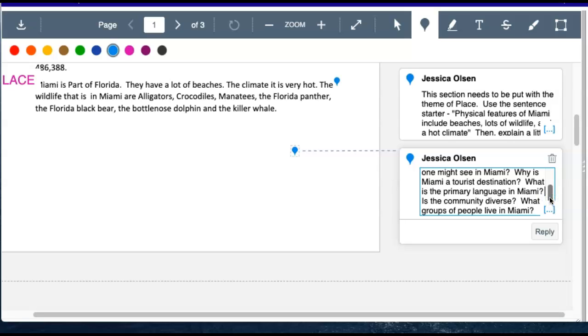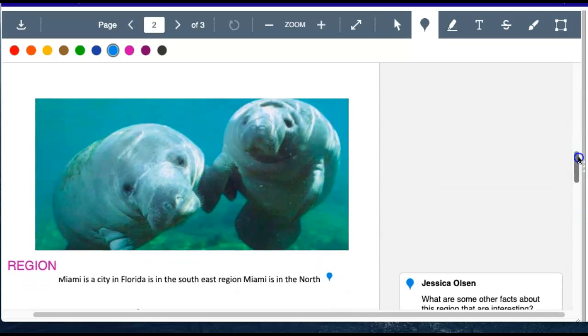Even though there is no official language in the United States, I think you will find that the primary language may not be English. Is the community diverse? Another way to think about that is what groups of people live in Miami. I think you'll see that the population is not just Caucasian, that there are actually many different groups of people that live in Miami. Okay, moving on.